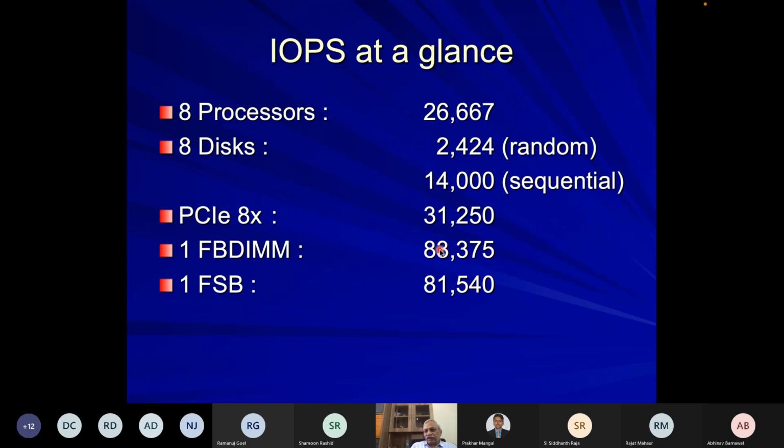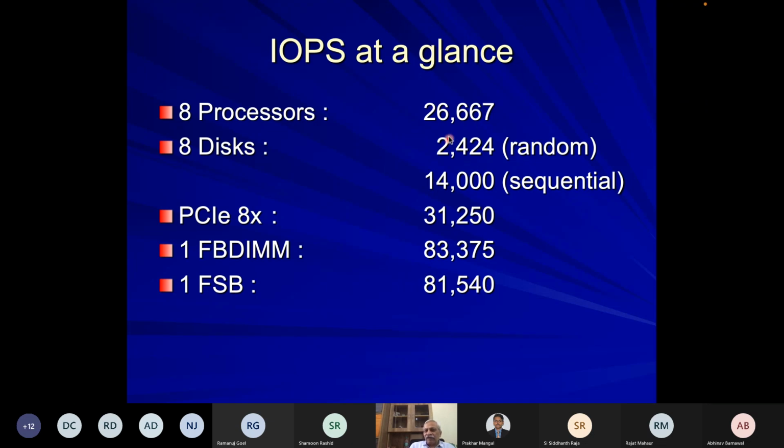Putting all these together, we can see how the overall picture emerges. The capacity of 8 processors is this much. 8 disk drives is this much for random reads and 14,000 for sequential reads. 8-lane PCI Express gives you this much. One front side bus DIMM gives you 83,375 IO operations per second, and one FSB gives you 81,540.